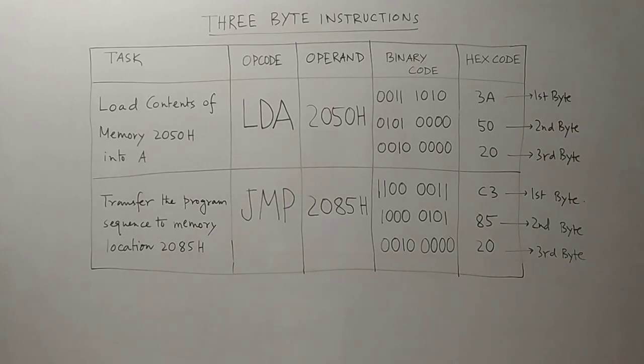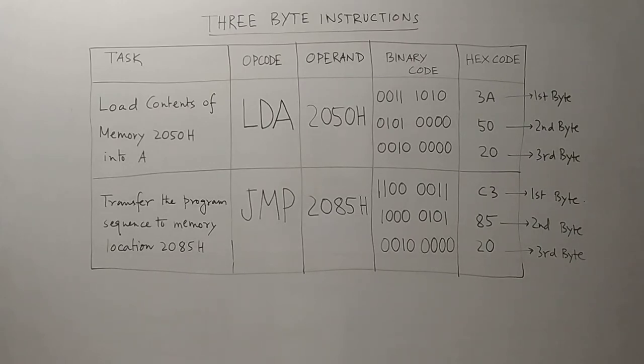So for 1 byte instructions, 1 memory location is required to store the binary code. For 2 byte instructions, we require 2 memory locations each to store the binary codes, and for 3 byte instructions, we require 3 memory locations each.